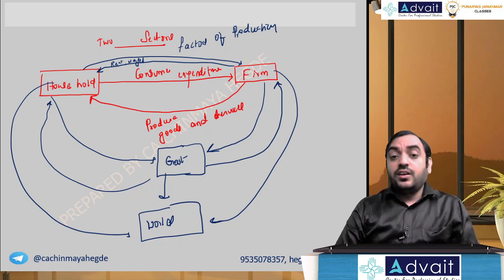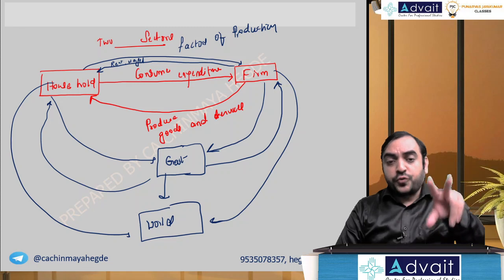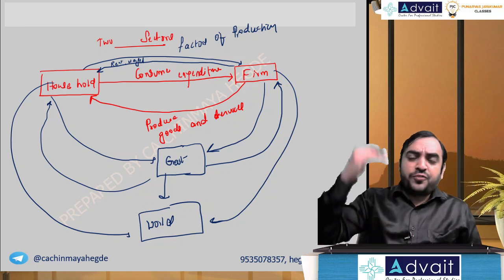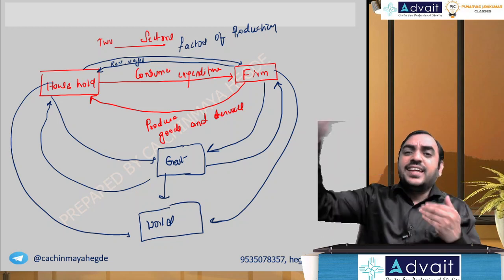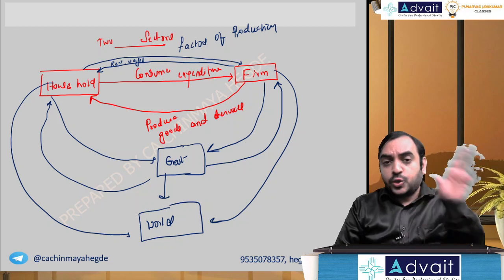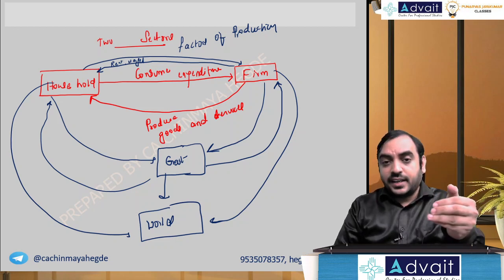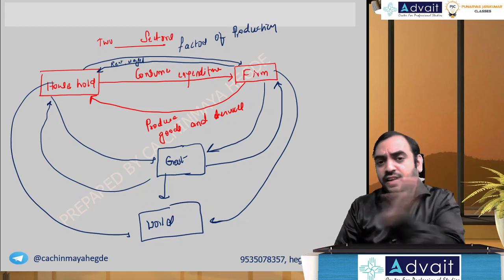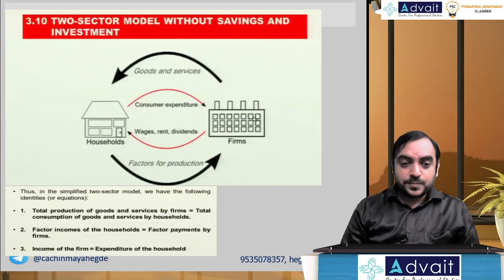So that is, the world is also involved. So two sector model, three sector model, four sector model. Three and four are just additional layers, so don't worry much. But let's understand the two sector model a little bit in detail. In three sector, government gets added, and in four sector, the world gets added.